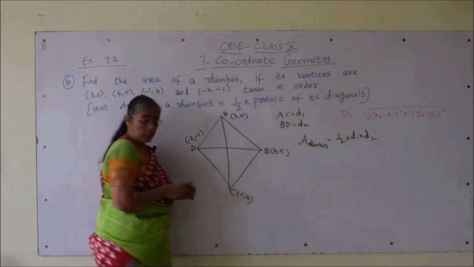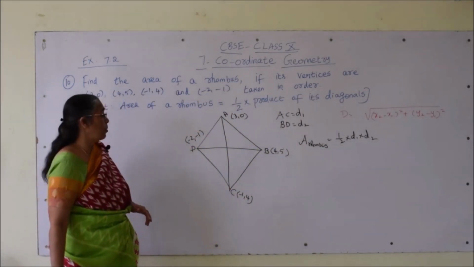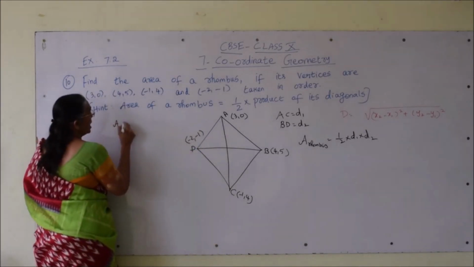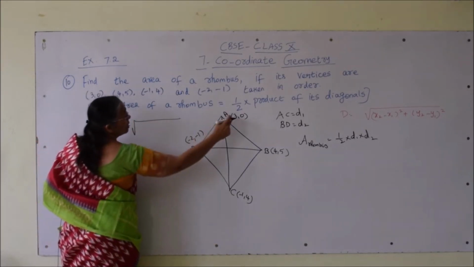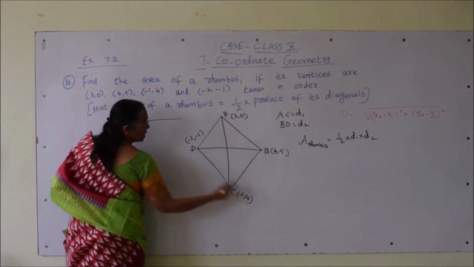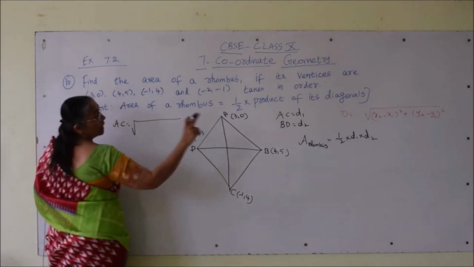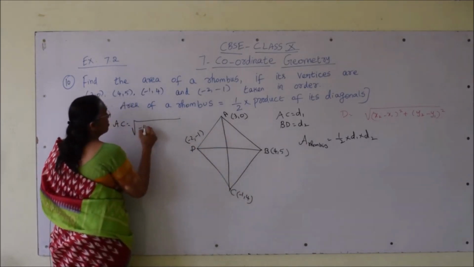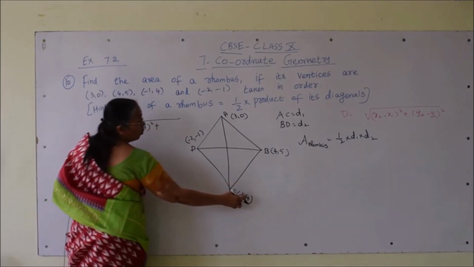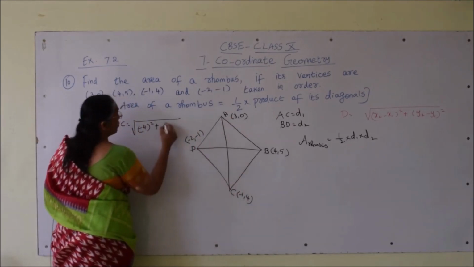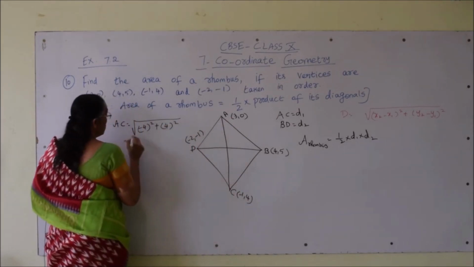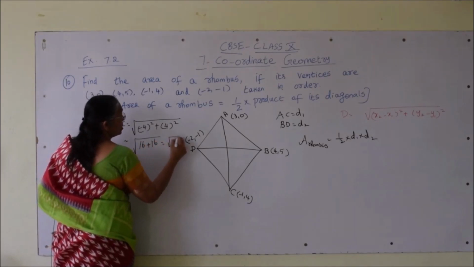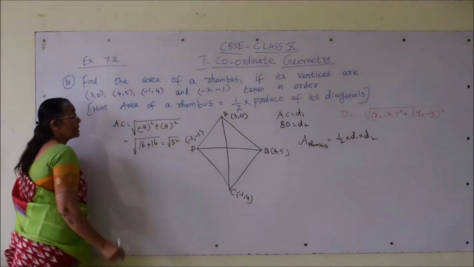So using the distance formula, AC is equal to root over, this is x1 y1, this is x2 y2, minus 1 minus 3, minus 4 whole square, 4 minus 0, 4. So which is equal to root over 16 plus 16, root 32 is the AC distance.